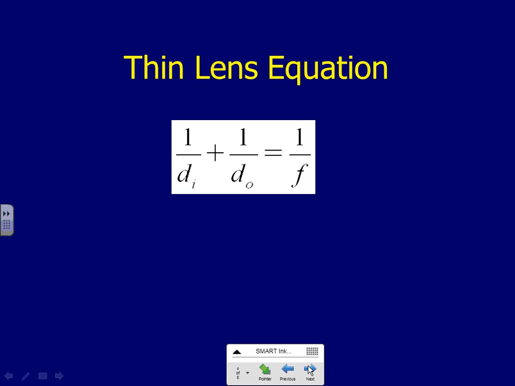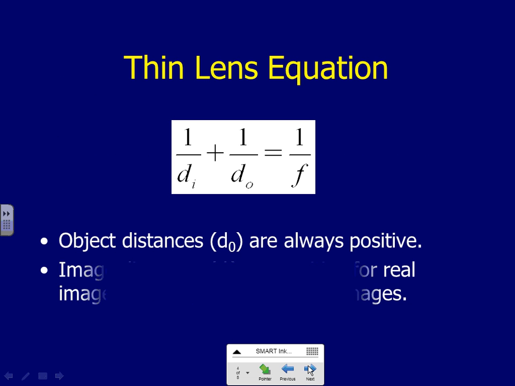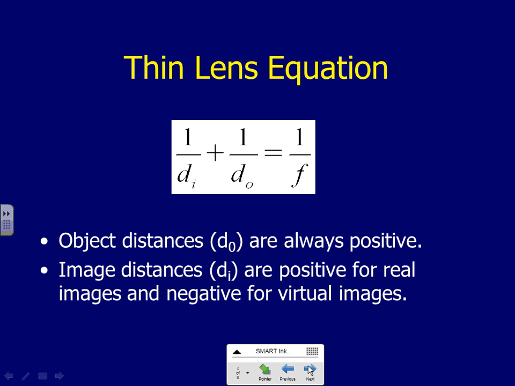Before we do examples, let's write down again our equations here. Don't worry, you can write down the thin lens equation. I've already talked about all this stuff, so you don't need to write down the bullets. I usually put 1 over f first. 1 over f is equal to 1 over di plus 1 over do. So again, you write that as the thin lens equation. No need to write all these signs because I just wrote them down for you.